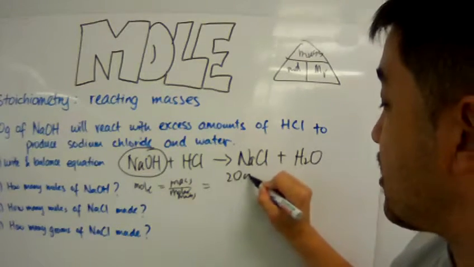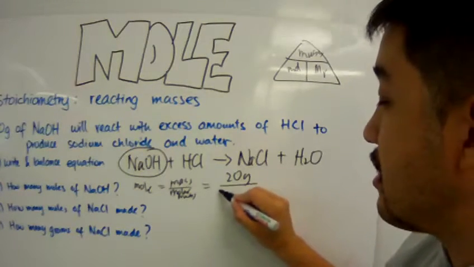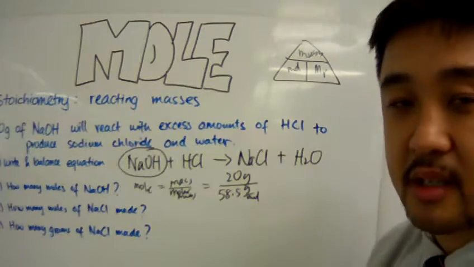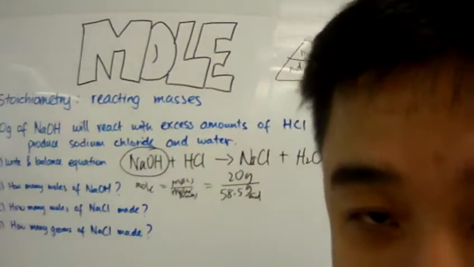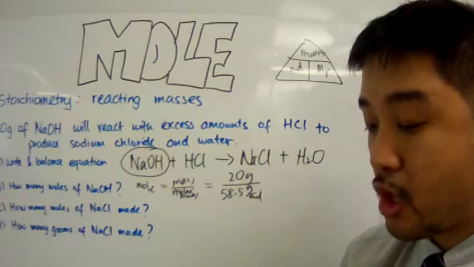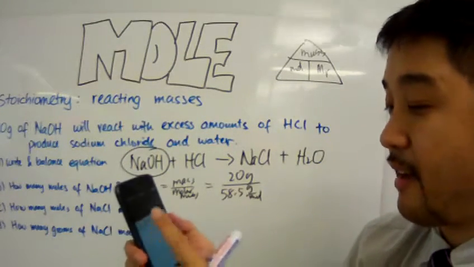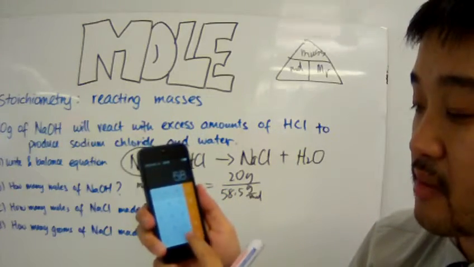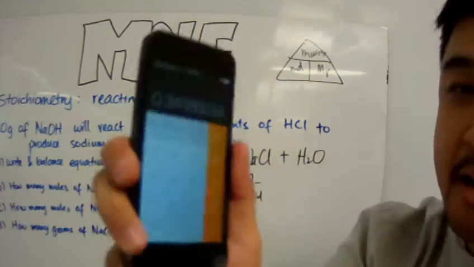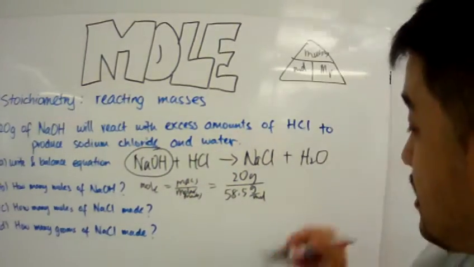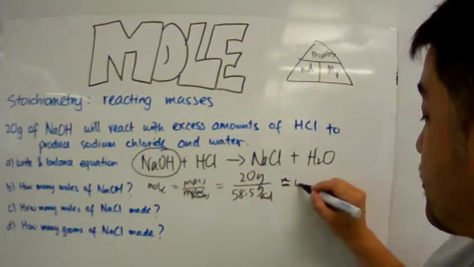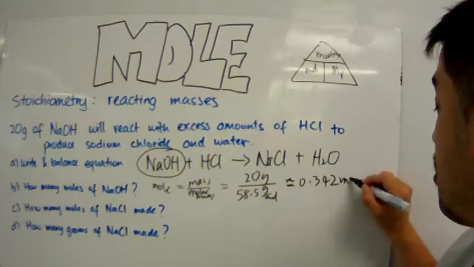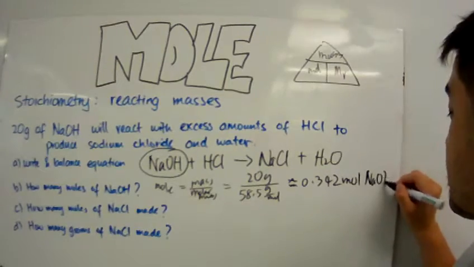So we have 20 grams divided by 58.5 grams per mole. Taking my calculator, 20 divided by 58.5 is approximately 0.342 moles of sodium hydroxide.